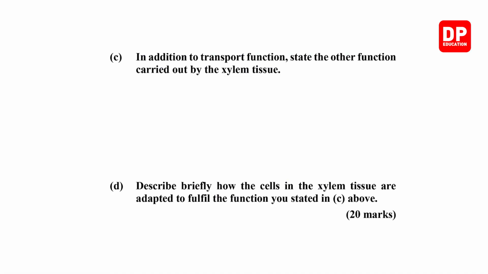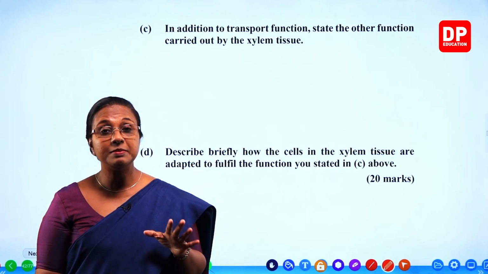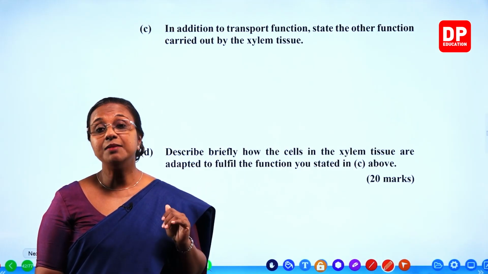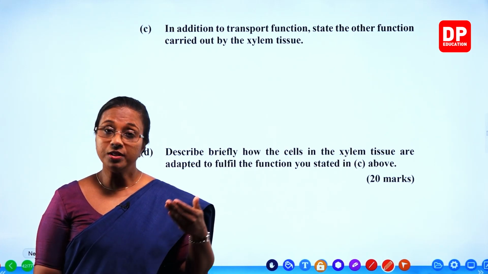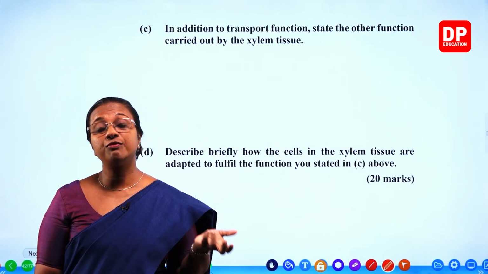Here, part C. In addition to transport function, state the other function carried out by the xylem tissue. Now, we all know, like I mentioned, the xylem vessel elements, tracheids and xylem fibers, they are lignified cells. So, because of that, they are dead cells and they provide mechanical support to plants. Especially the herbaceous plants, they provide mechanical support, or the plants before the formation of wood.